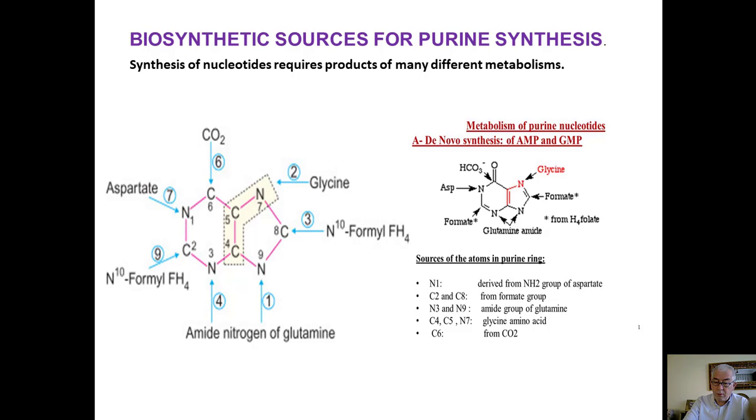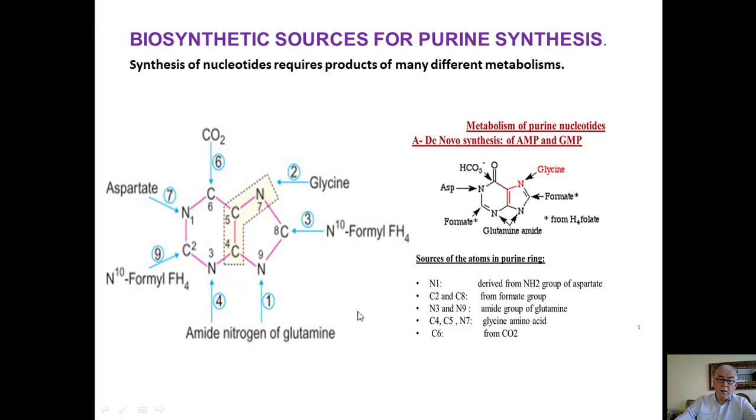Now let's take a look at the source of carbon and nitrogen atoms of purines. You can see nitrogen 1 is derived from the nitrogen group of aspartic acid, carbons 2 and 8 from the formate group, nitrogen 3 and 9 from the amide group of glutamine, and carbons 4, 5 and nitrogen 7 come from the amino acid glycine, and carbon dioxide gives carbon 6 of the purine ring system.